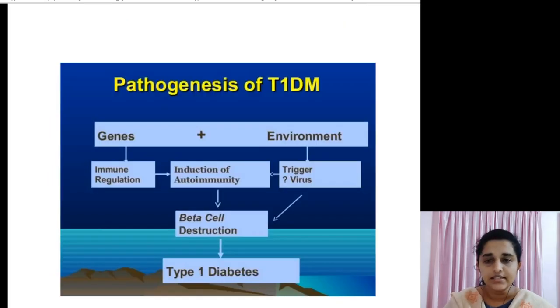So these are the steps in pathogenesis of type 1 diabetes mellitus. There is a genetic predisposition, environmental trigger is there, and with this we can see autoimmunity, and there is beta cell destruction and type 1 diabetes.